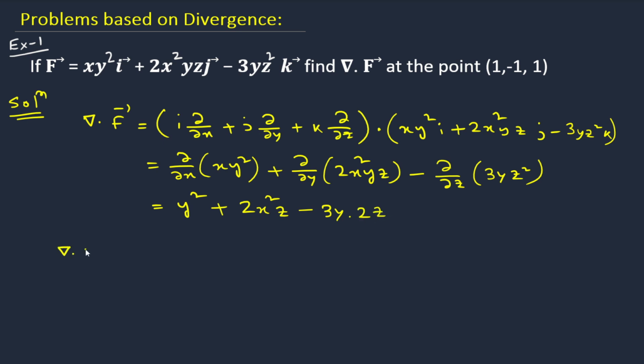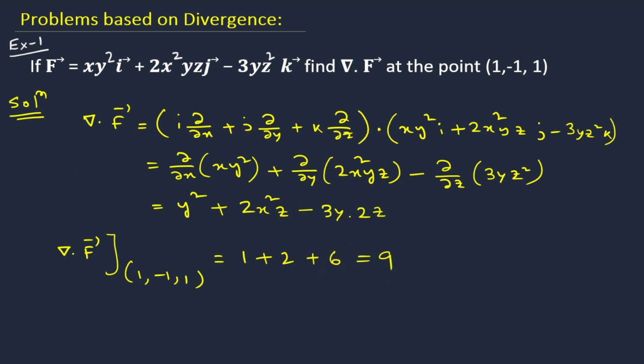Now we have to find nabla dot f bar, meaning divergence of f bar, at which point? 1, -1 and then 1. So if we put -1 here, it will be plus 1 minus 1 square, and then if we put 1 and 1, we get 2, and then here if we put -1, how much is it? It is 6.